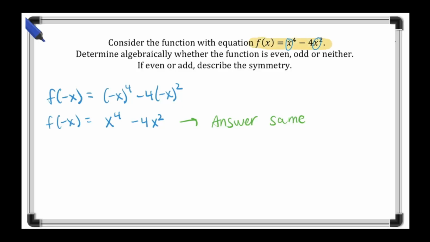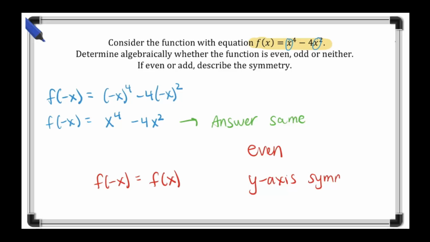So what that means is that this is an even function. That algebraic test was that if I take f of negative x, after I simplify, I should get my same function. Because it's even, we know that it's a yeah function, so it's symmetrical around your y-axis.